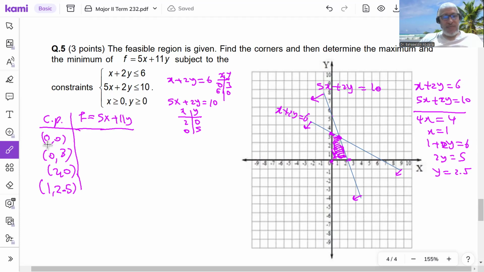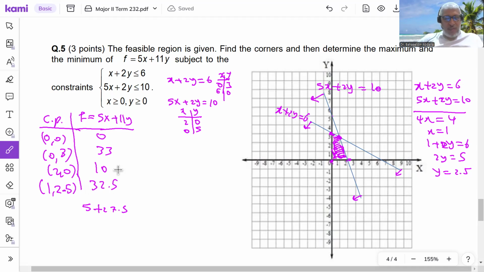Now, replace x by 0 and y by 0, x by 0 and y by 3, x by 2 and y by 0, x by 1 and y by 2.5, so I have 5 plus 11 times 2.5. That's 27.5, so 32.5.